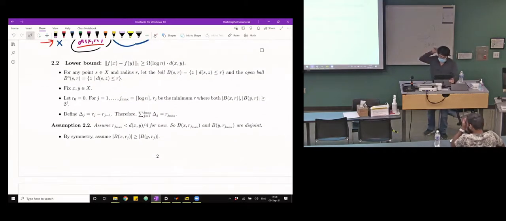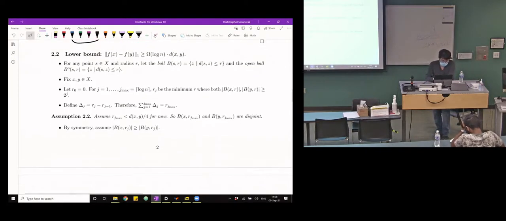Now let's prove the lower bound. We need some definitions now. I will define a ball and an open ball.